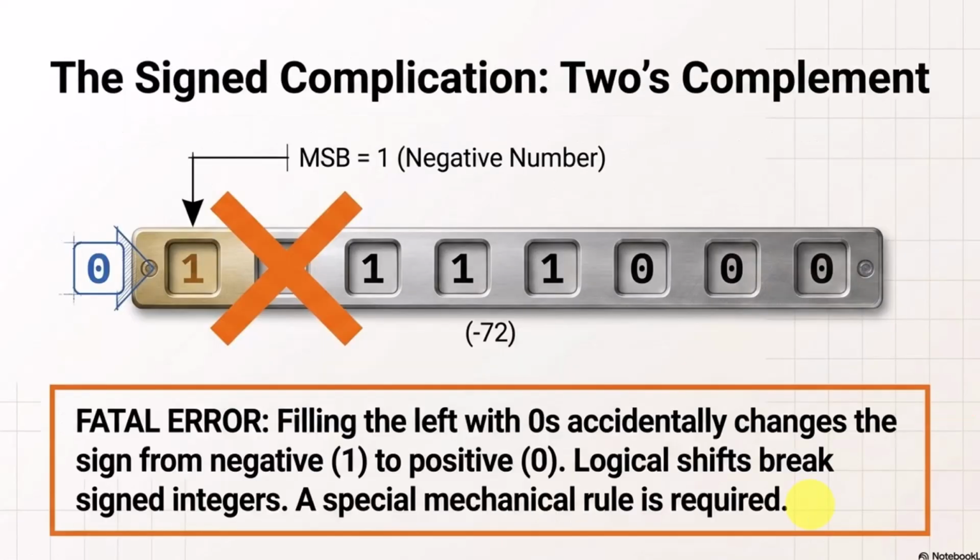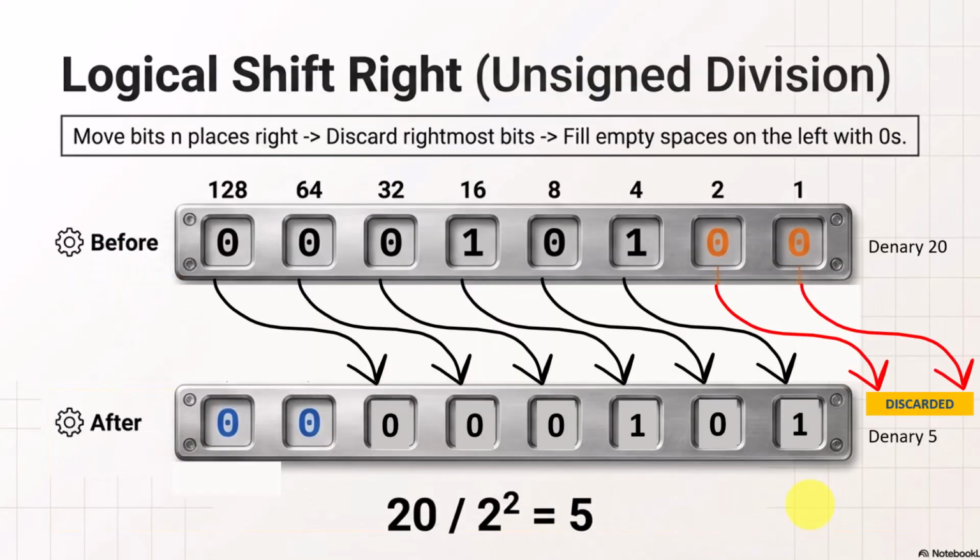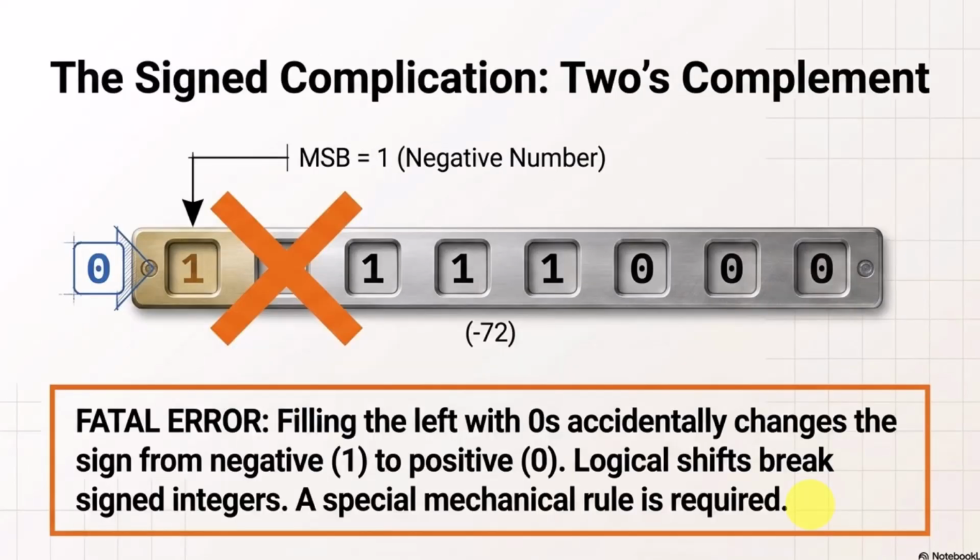Clear? So what about the signed complications? Here logical shifts can be just used for unsigned divisions or unsigned integers. What about for signed ones?